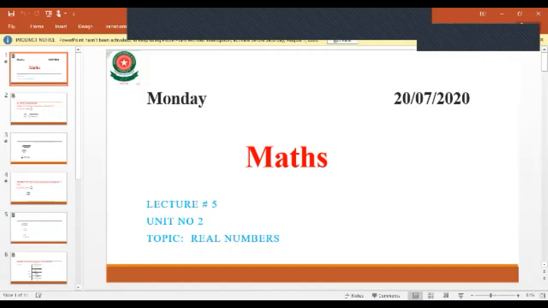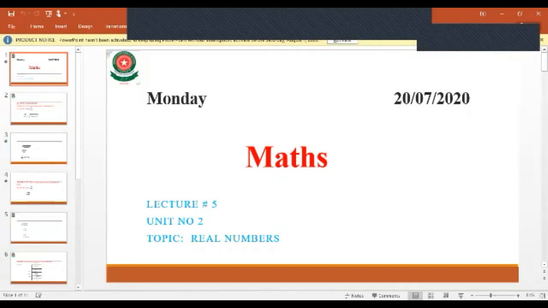So our required fraction is 64 by 100, which is equal to 0.64.